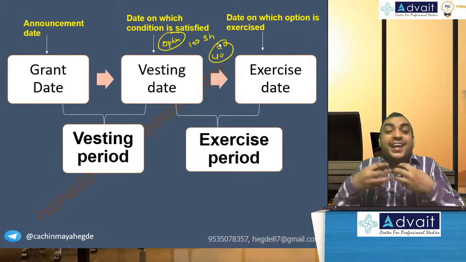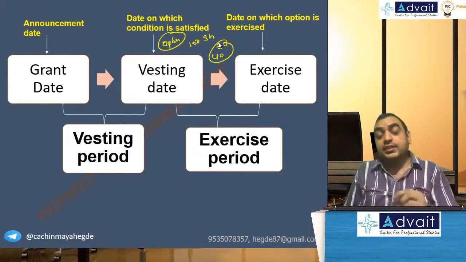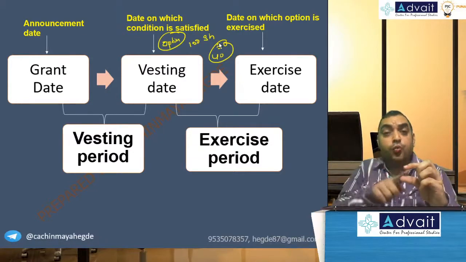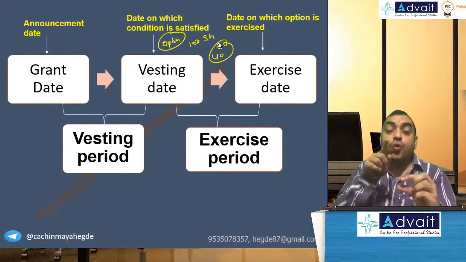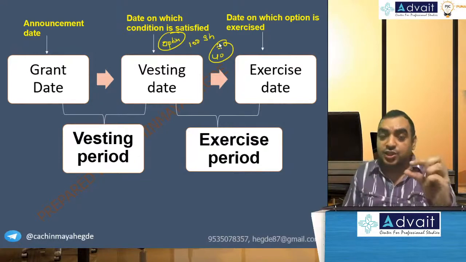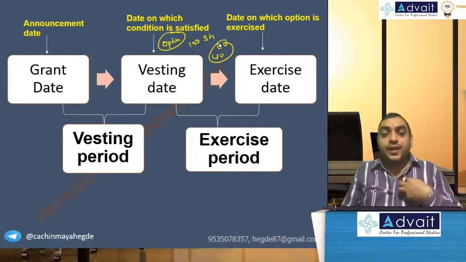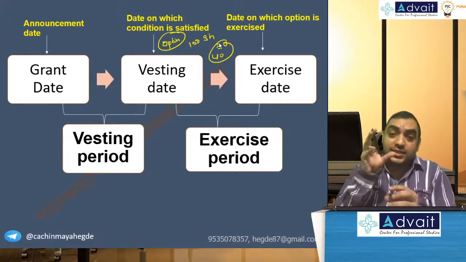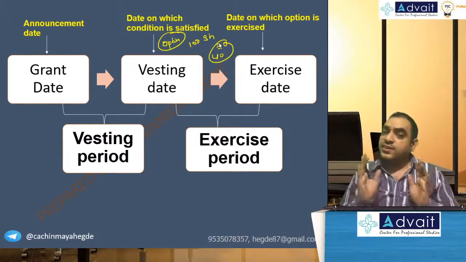So the benefit the employee gets is the difference between what others get and what you get. That concession is the employee benefit, and the employee works, so that service is the employer's benefit.